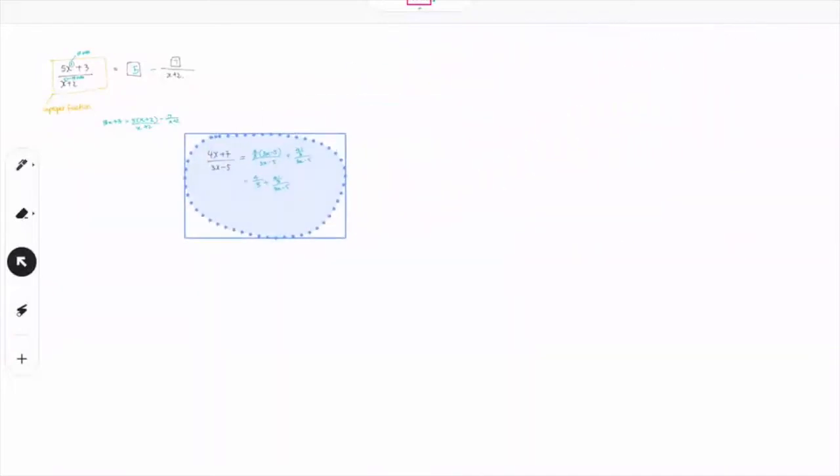Now I give you a little bit more complicated one. 2x squared minus 3x plus 4 over x plus 2. Try.